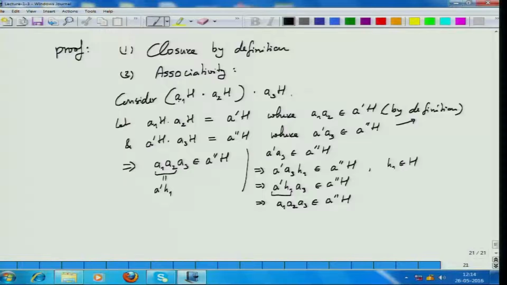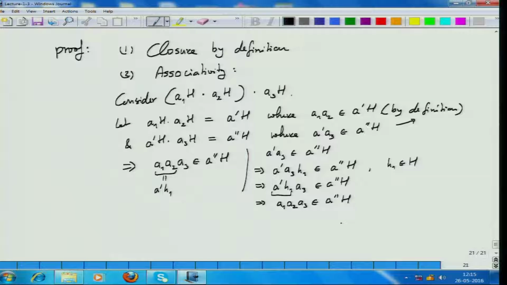Whichever is the equivalence class in which A1A2A3 belongs to is this product. Now, associativity follows immediately, because you see that whether we do the operation on A1H and A2H first and then A3H, or we do A2H and then A3H first and then do A1H, that would give us A2A3A1 is in A''H. Now, by commutativity, A2A3A1 or A1A2A3, they are all in A''H.